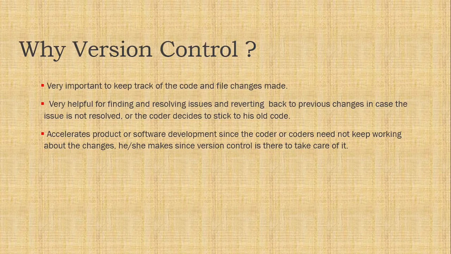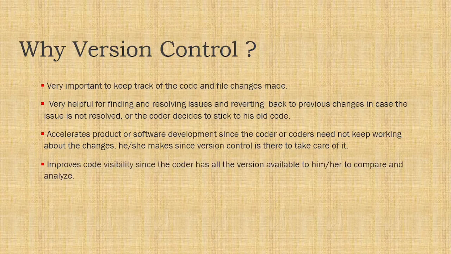Okay. Basically what this does is provide you flexibility and independence. So it makes software development much faster. Since we are having a version and what the other person has changed, obviously what it provides is good code visibility.